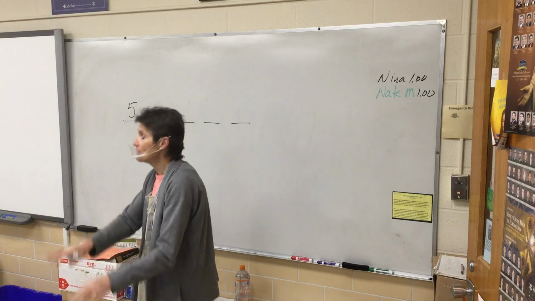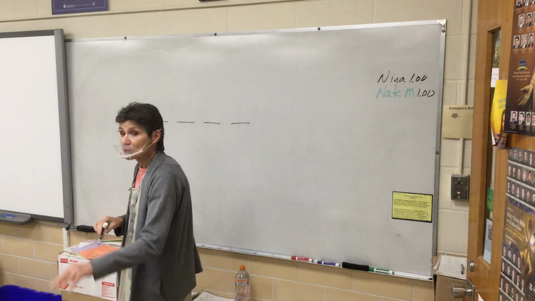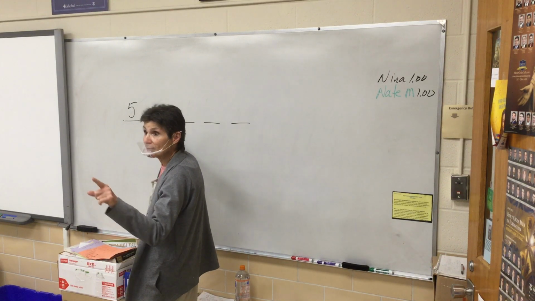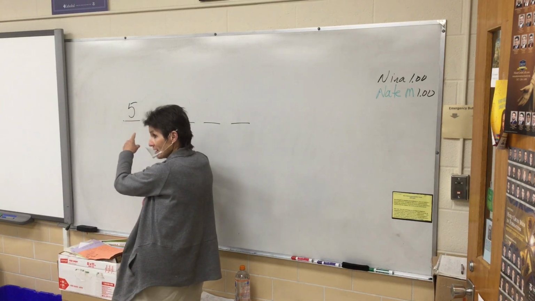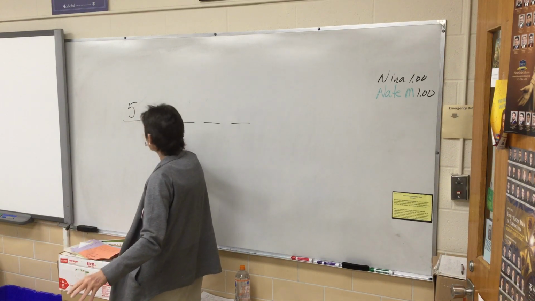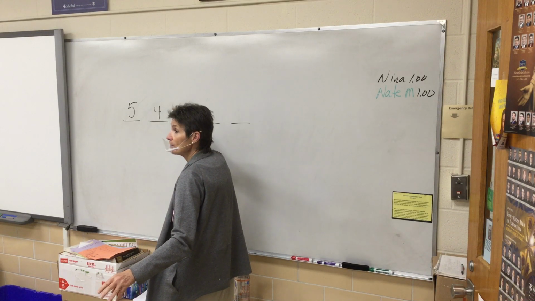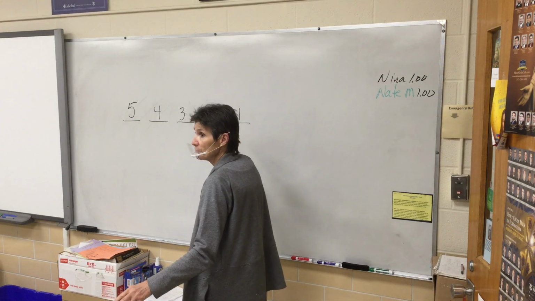Okay? So I reach in, grab one, put it there. Now, I'm going to reach in, grab another one to put it here. How many choices? Now there's only 4. Does everybody see that? Because I already put one there. So now there's only 4 left for this spot. And then there will be 3, and then 2, and then 1.